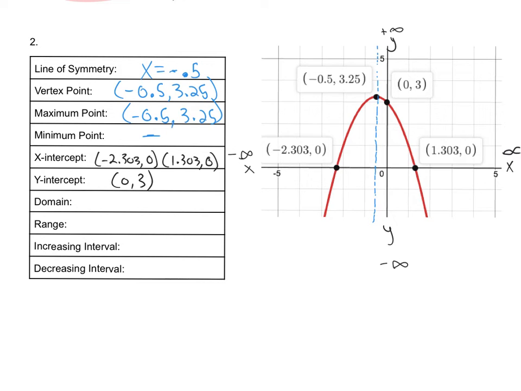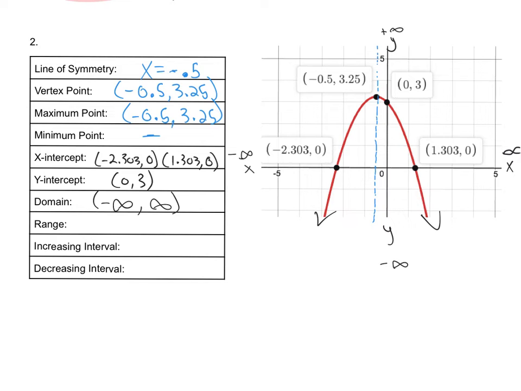And now we get into our domain and range. Knowing that this is going to extend to the left and to the right as it goes down, our domain is once again going to be from negative infinity to positive infinity, or all real numbers.